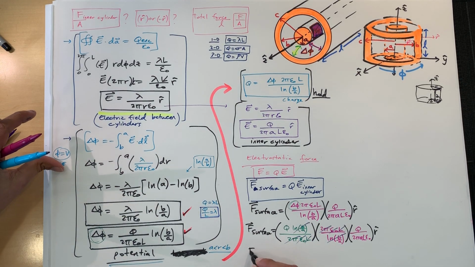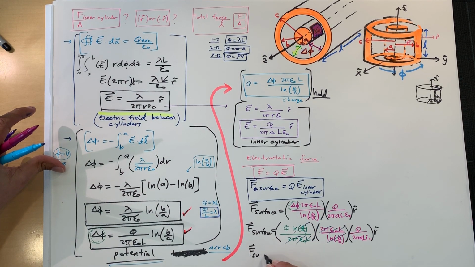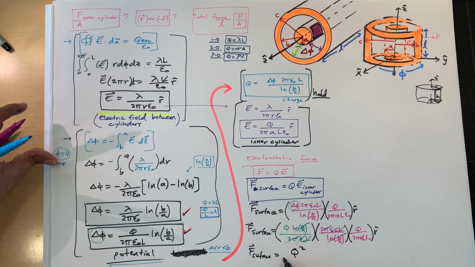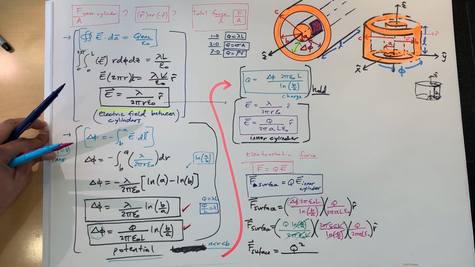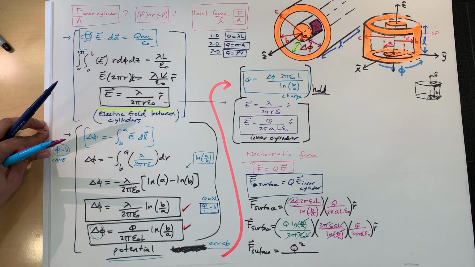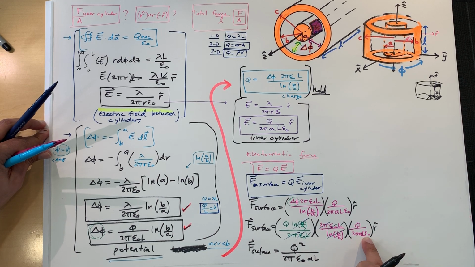We have force on the surface equal to Q squared, and then on the bottom we have 2 pi epsilon naught A L. So 2 pi A L epsilon naught, and then these two Q's right here are squared.